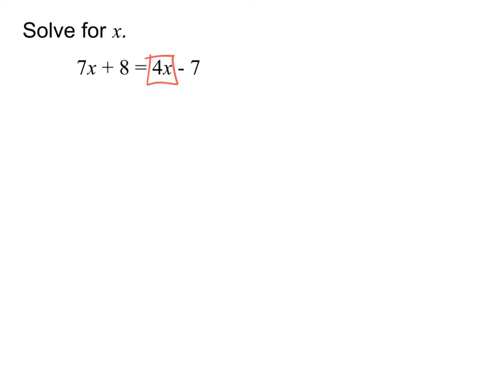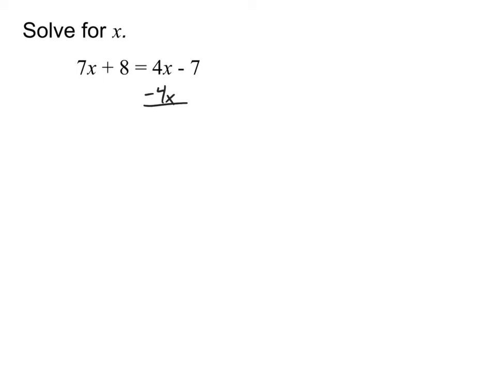So if I'm going to move that 4x to the other side, notice that it's right now being connected to the 7 by subtraction. It's actually addition and subtraction. It's currently a positive 4x. So if I want to move the positive 4x to the other side, I'm going to need to subtract 4x from both sides.